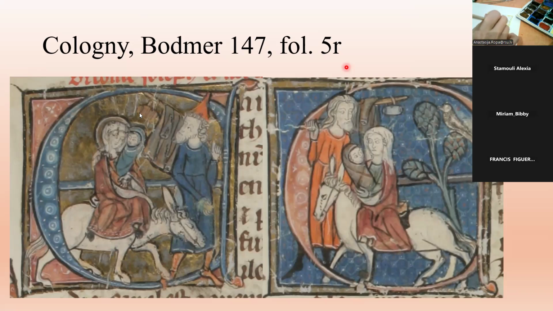She's got an overgarment of red and pinkish red, and then underneath there is something blue, and the baby is wrapped in something which is blue as well. She's sitting on something like a sideways saddle or a pack saddle. There is a saddle cloth underneath. Not quite sure what color it is, but it's there. Let's go for something like purple.